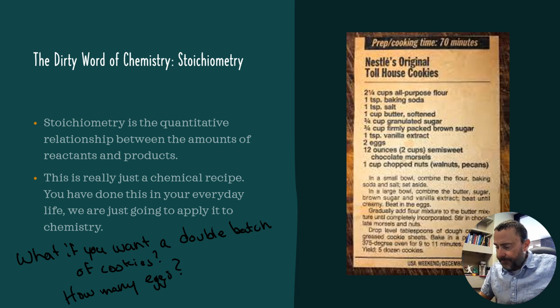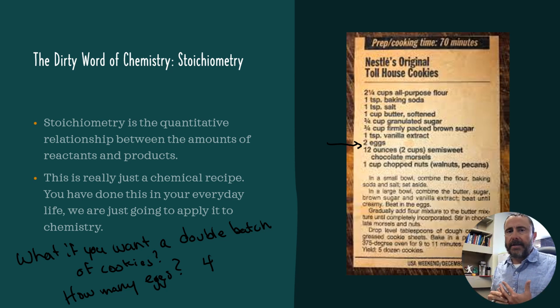If you need 2 eggs to make one batch, I guarantee all of you right now are like 4, without even doing the stoichiometry or the chemistry behind it. You need 4 eggs to double it. You're just going to double everything that's present there. If you wanted to make a half a batch of cookies, you need 1 egg. You have done this.